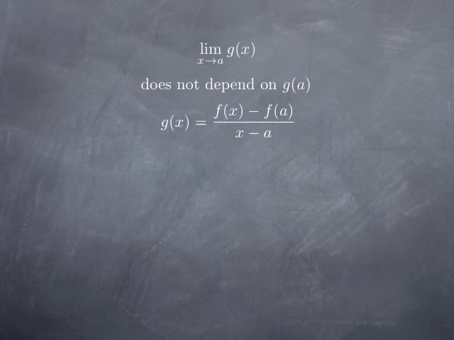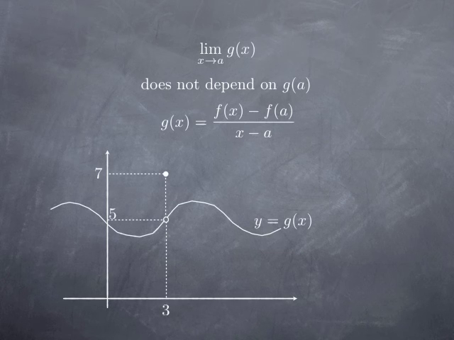So let's take a look at an example from the graph. We may ask the question, what is the limit of this function when x is approaching 3? Well, obviously there's two reasonable candidates, 5 or 7.